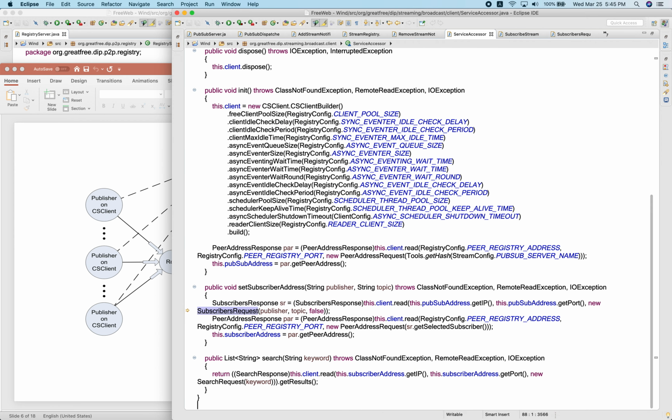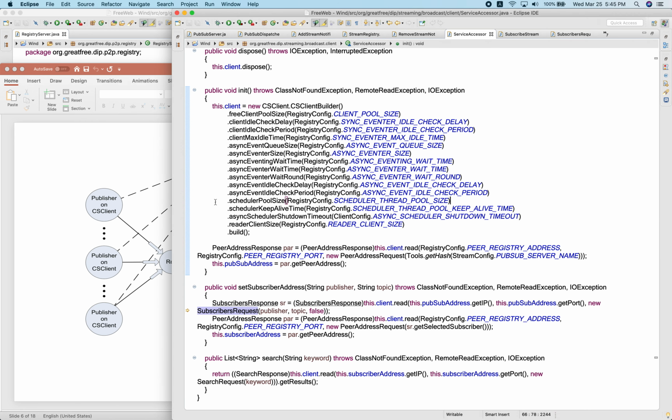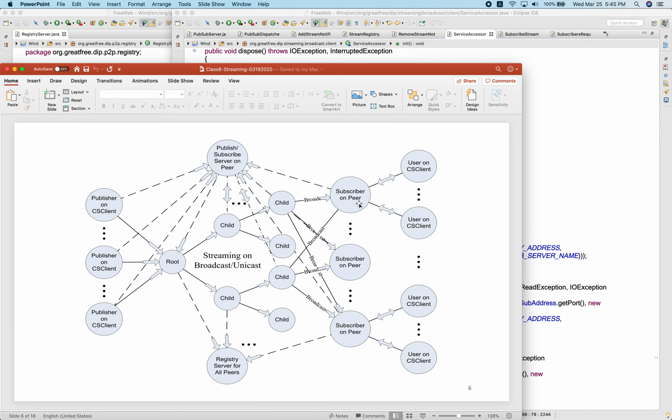The clan needs to send a request to this pub sub server. Why? Since the clan needs to interact with the subscriber, right? This is the application, the upper level application. This is the end user, the consumer of the stream.